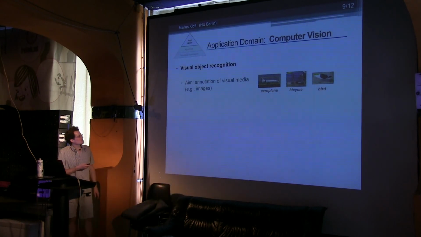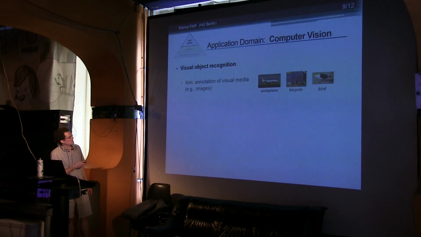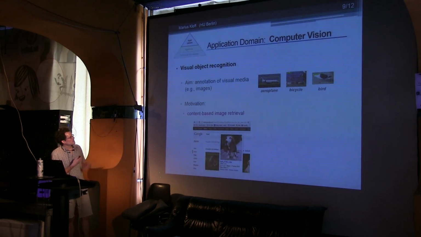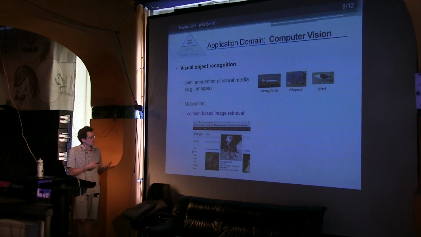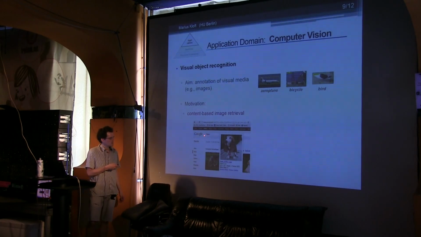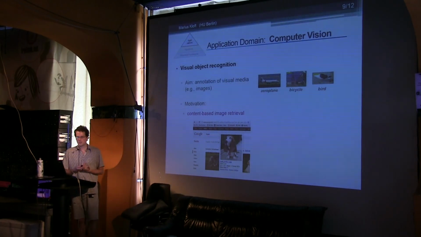So this is a particular example of computer vision, where imagine the following motivation. Let's say you would try an image search in, for instance, Google, and you would type in the name dog. Then what you will get is actually pictures of dogs.